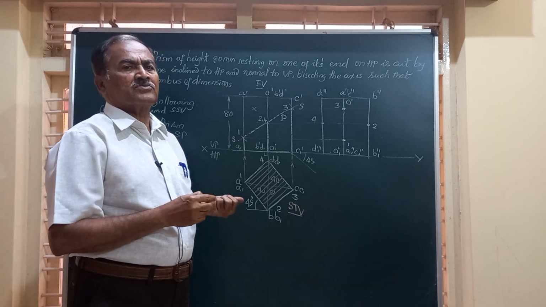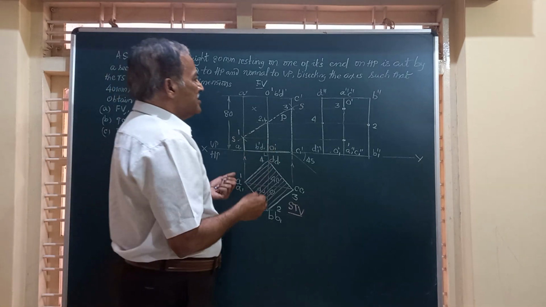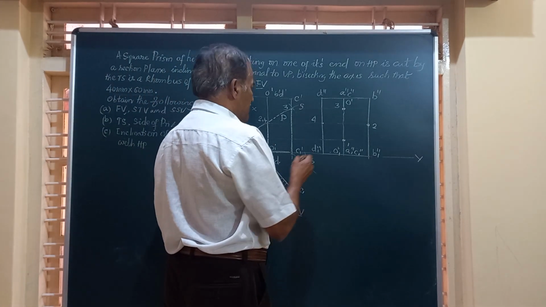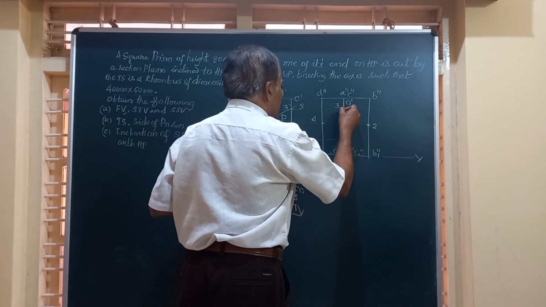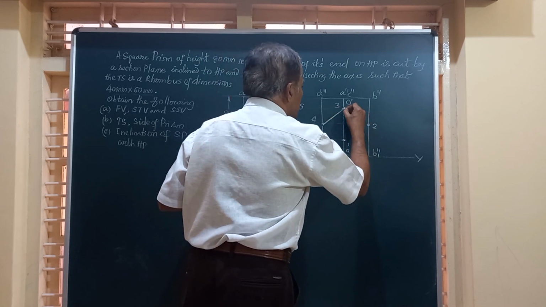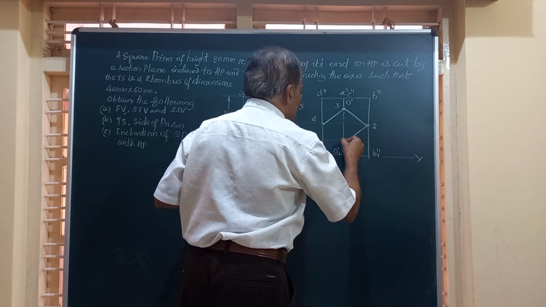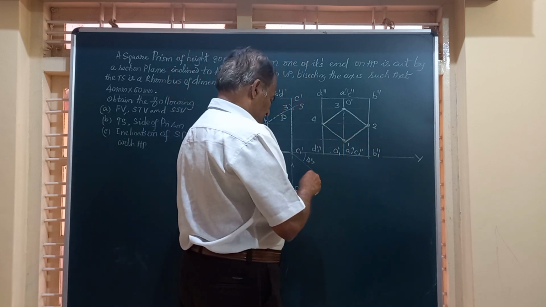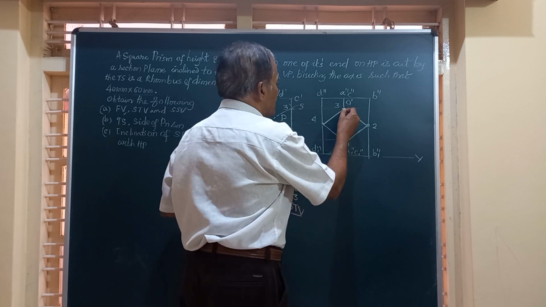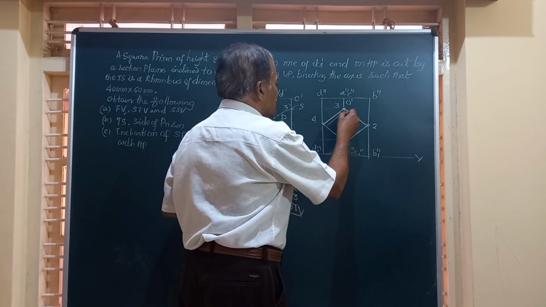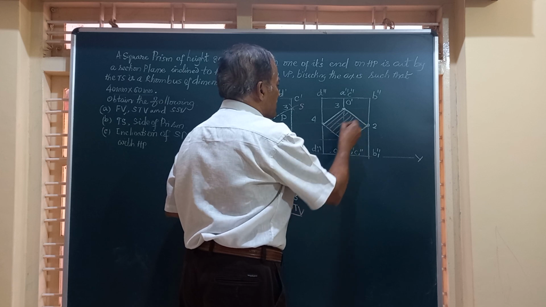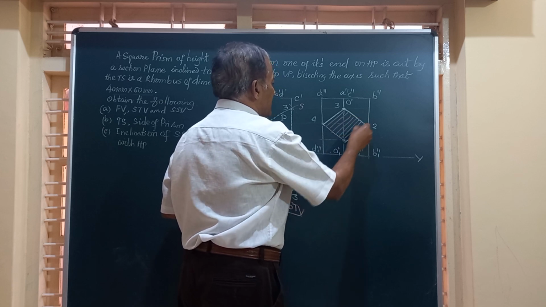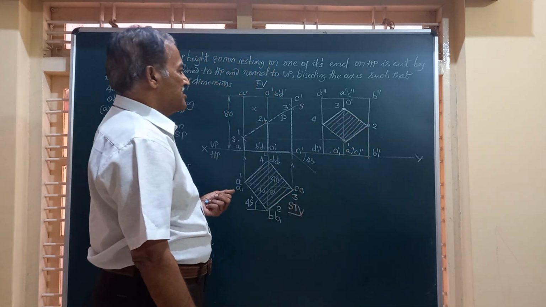And for prisms and pyramids, the points so obtained are to be joined by dark lines or visible lines. This is one edge, second, third, and this is the fourth edge. Again, friends, whatever the figure you have got from 1, 2, 3, 4 is to be hatched or sectioned by drawing lines at 45 degrees to the horizontal.